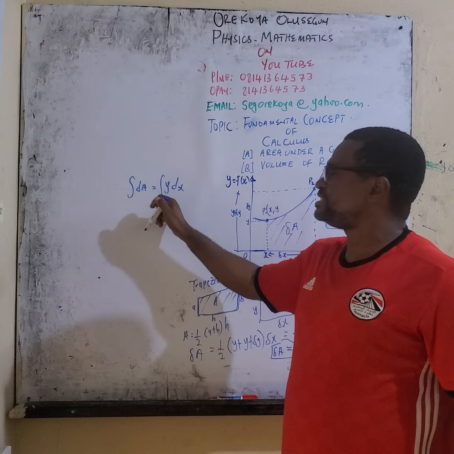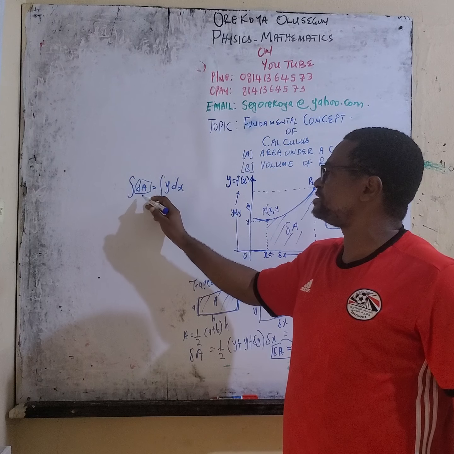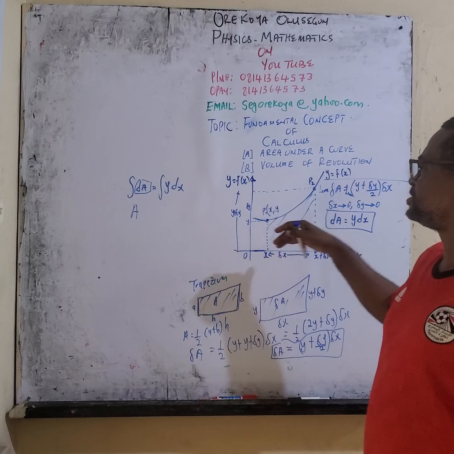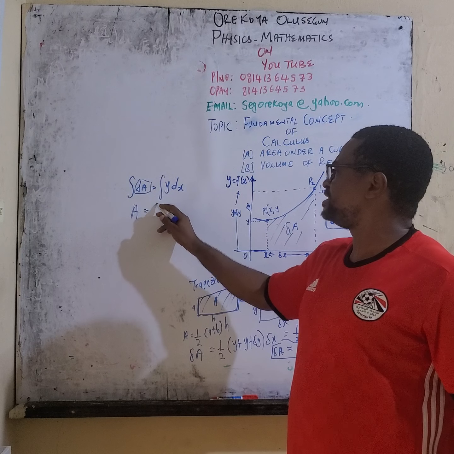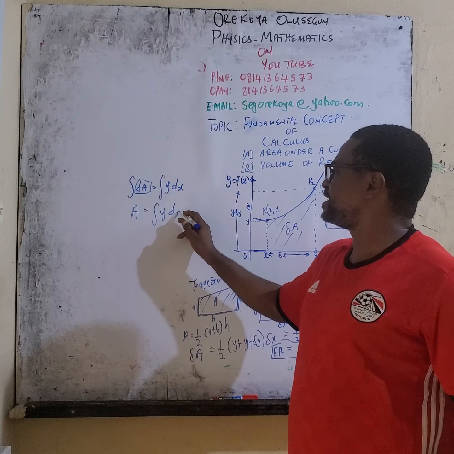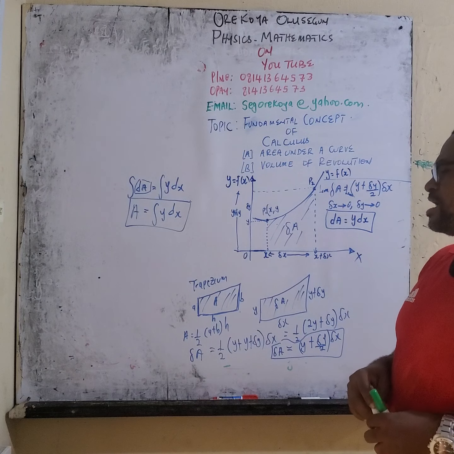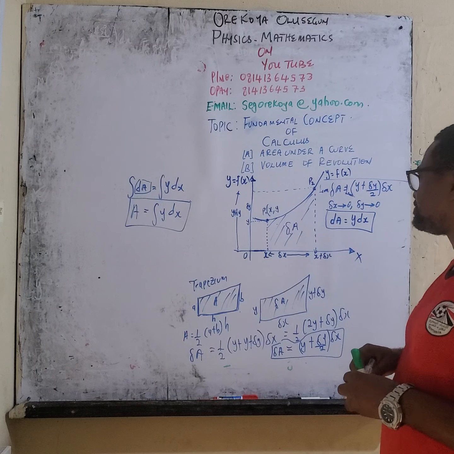When you are integrating this infinitesimally small quantity, it will be added up to the full quantity, which is the total area under this curve, given as the integral of y dx. So this is the formula for area under a graph in calculus.